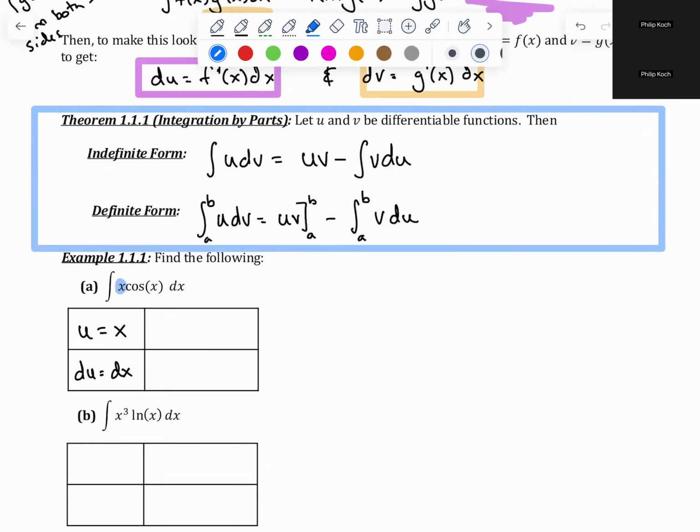So this is u, which means that this whole thing is dv. So dv is equal to cosine of x dx.